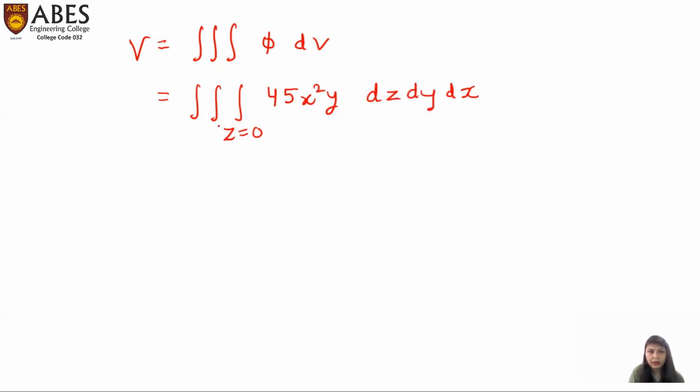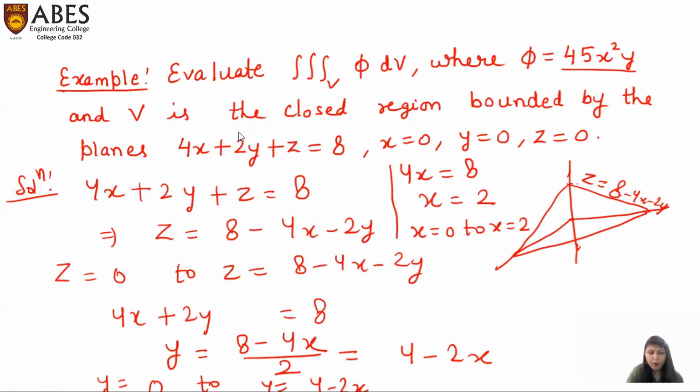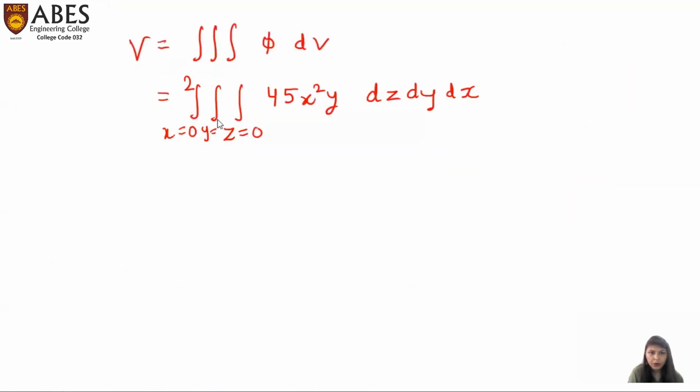The order according to this integration, we are writing the range of x equals to 0 to 2, y equals to 0 to 4 minus 2x, and the z range is z equals to 0 to 8 minus 4x minus 2y.